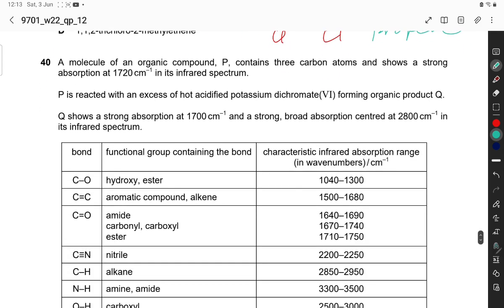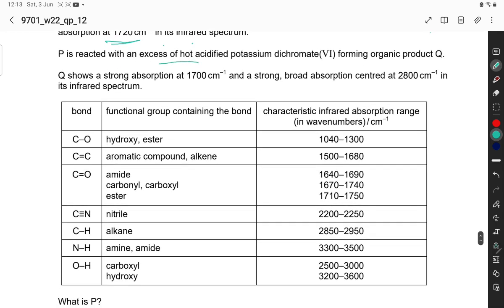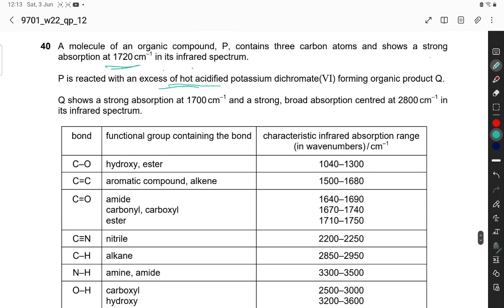A molecule of an organic compound P contains 3 carbon atoms and shows a strong absorption at 1720 in its infrared spectrum. P is reacted with an excess of hot acidified potassium dichromate, forming an organic product Q. Q shows a strong absorption at 1720. This is the carbonyl peak.